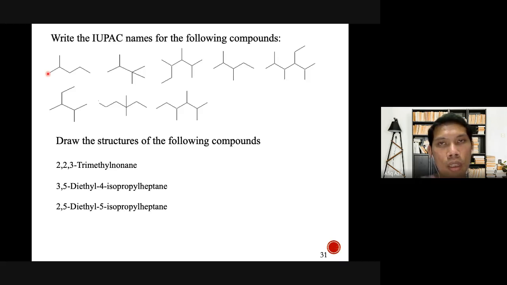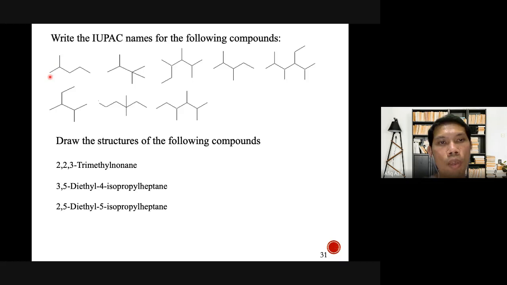So you start counting just now. There are 5 carbons, and the numbering should be 1, 2, 3, 4, 5. So this will be at carbon number 2, and the numbering should not be from here. If you start counting from this side, this will be 1, 2, 3, 4, so the methyl will be at carbon number 4. That is wrong.